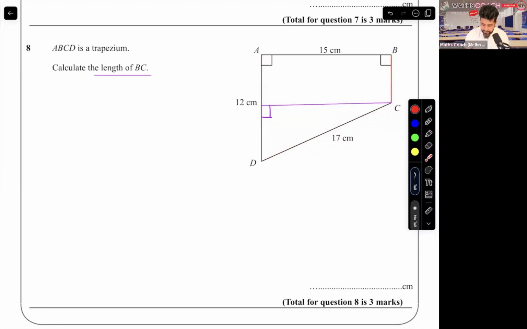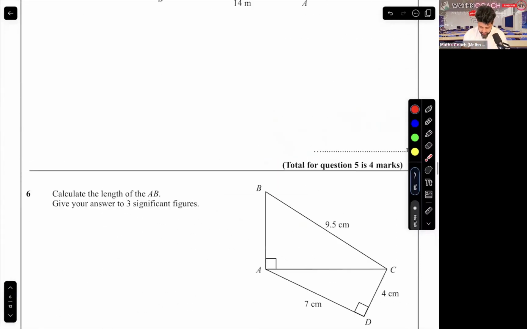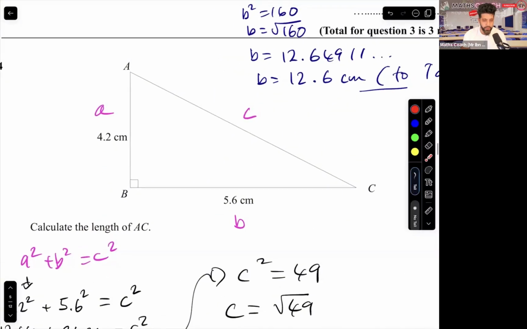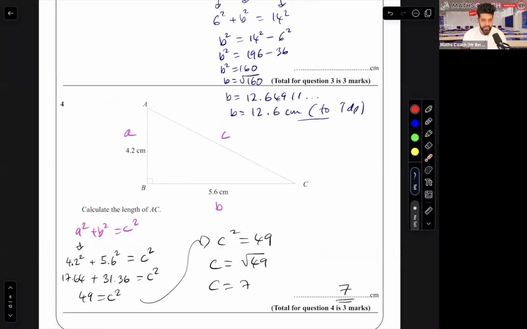So finding this length would be the same thing as finding that length. Listen to these explanations of how you break things down, because foundation students struggle with this. If they don't see a right angle triangle, they're like, nah, I'm not doing this. This is too hard. But it doesn't have to be like that.